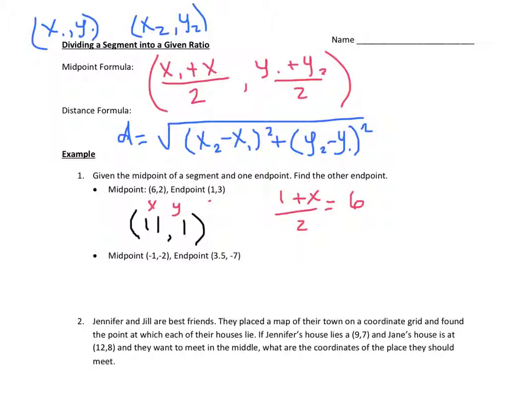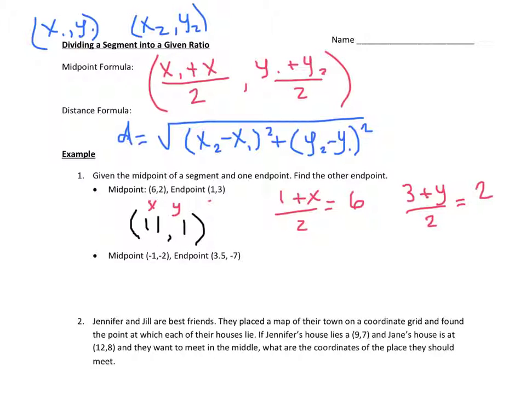The endpoint that I have plus my mystery y, which I now know is 1, but if I didn't, divided by 2, and I know that that would need to equal 2. So then I just solve these equations, which isn't that hard to do. You just have to multiply. So 2 times 6 is 12, minus 1, you get 11. 2 times 2 is 4, minus 3, you get 1.